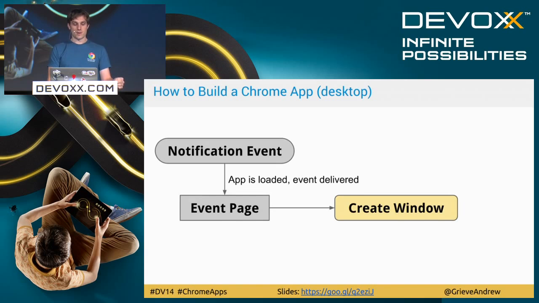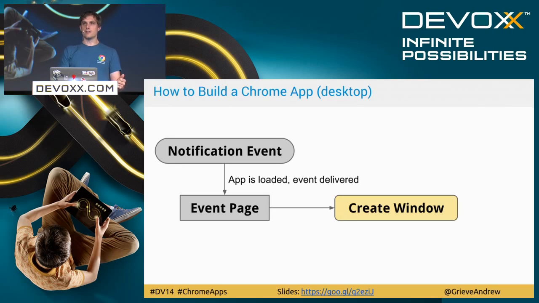Okay, so maybe some time later, the user notices, they tap your notification, your app is then relaunched. All the JavaScript of your background page is reevaluated. Your event is delivered, and now the page says, okay, I want to show a window in response to this notification, so it calls the API to create a window.